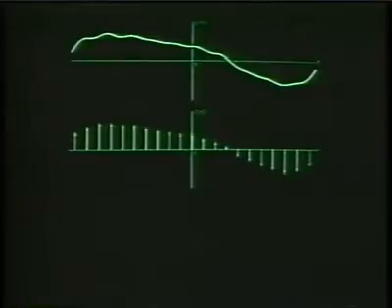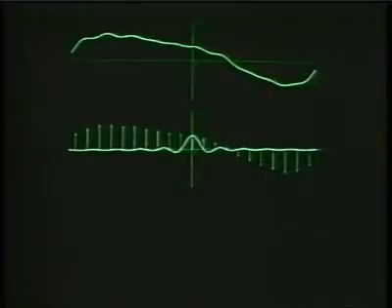The reconstruction process, interpreted as interpolation, consists of replacing each sample with a sin x over x function. So let's first consider the sample at t equals 0. And here is the interpolating sin x over x function associated with that sample.